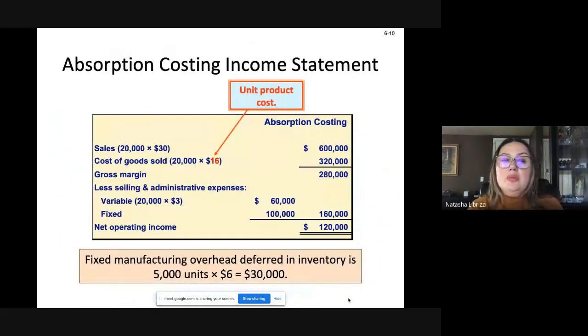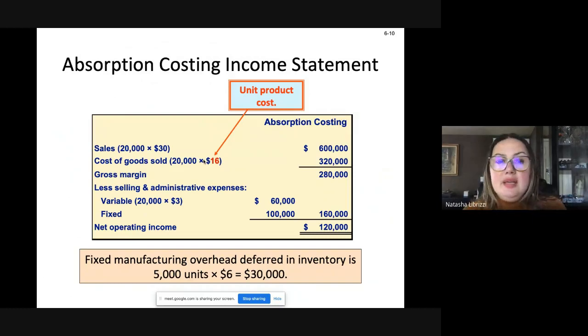Now, under absorption costing, you can see this is not a contribution format income statement. This is our standard income statement that we produce for GAAP requirements. So sales of 600,000. Now cost of goods sold includes that $6 of manufacturing overhead that we determined in a previous slide.